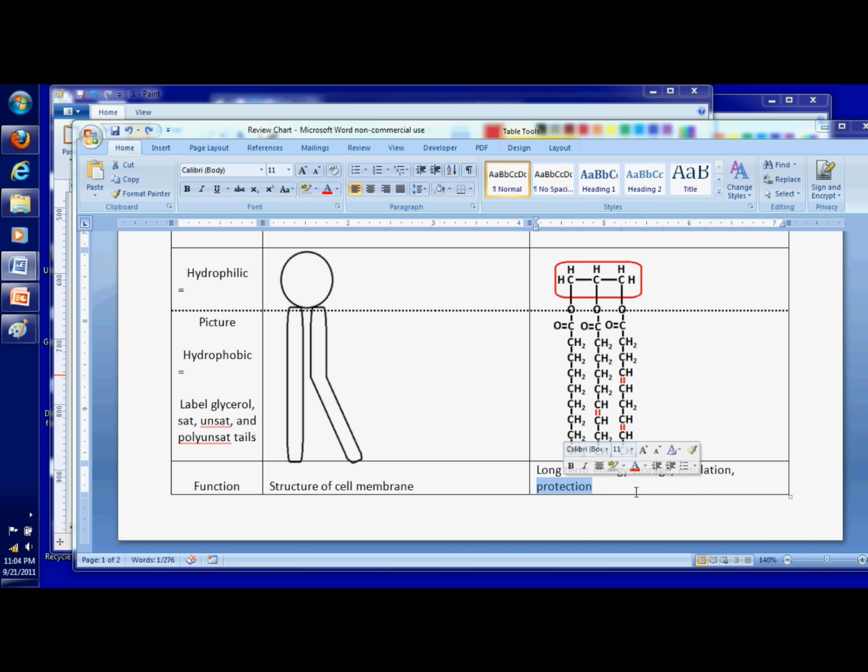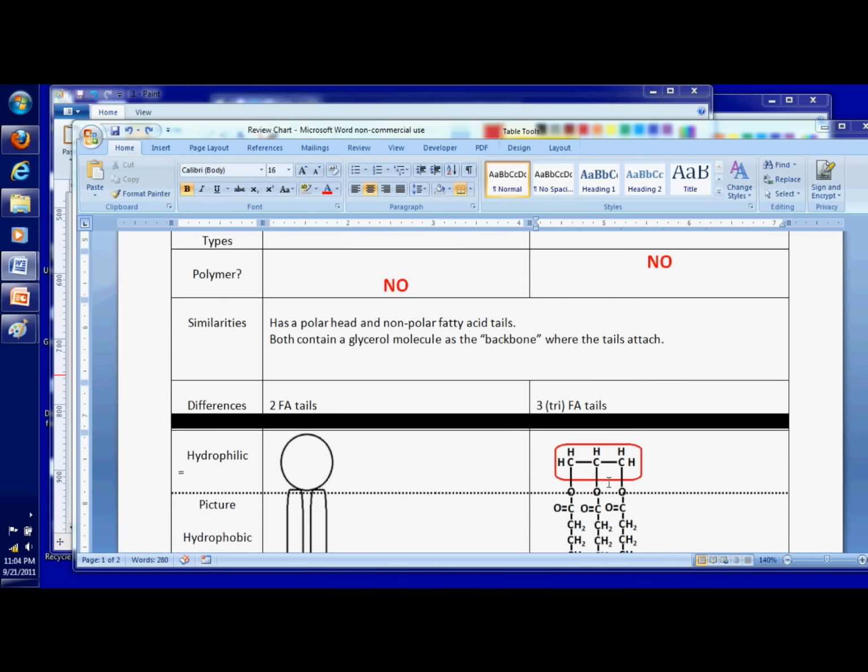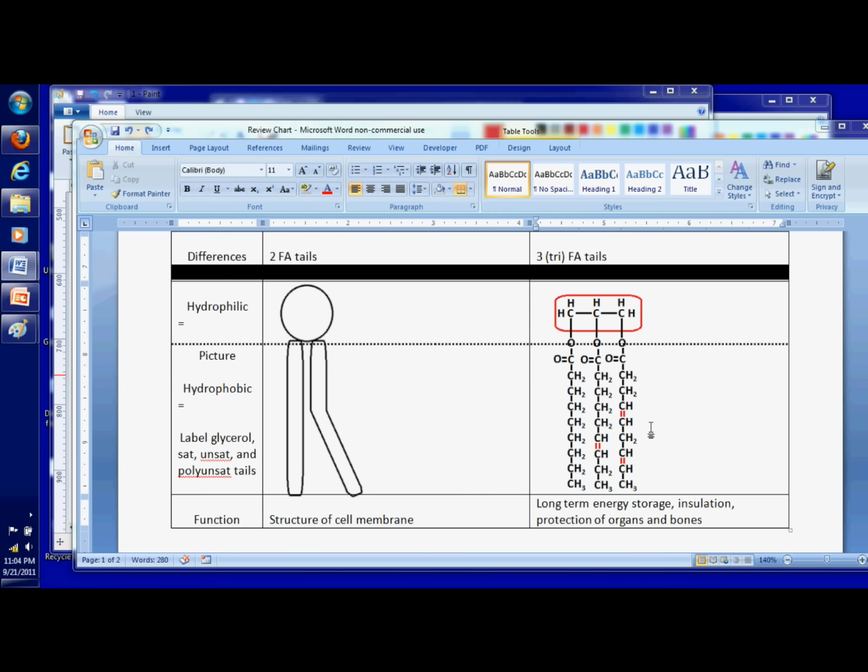But all these things also apply to us. Long-term energy storage, insulation, and protection for our bodies as well. This is talking about protection of organs and bones for you, but you get the idea.